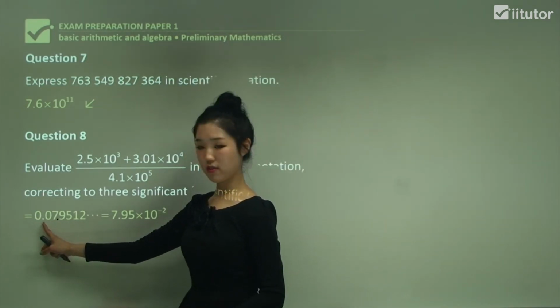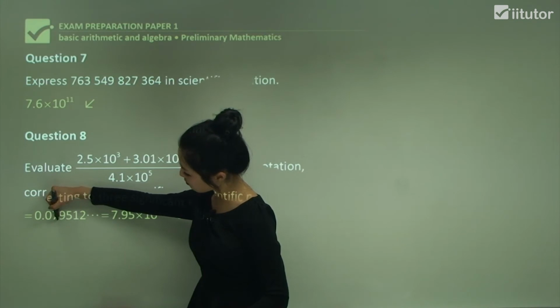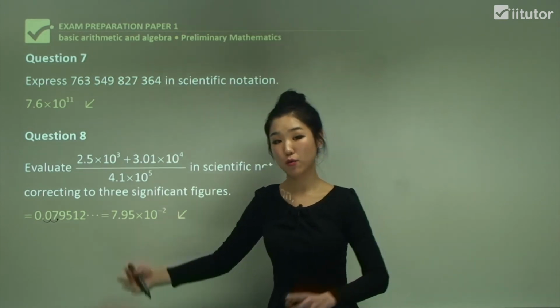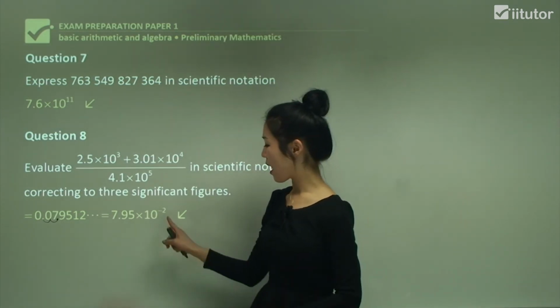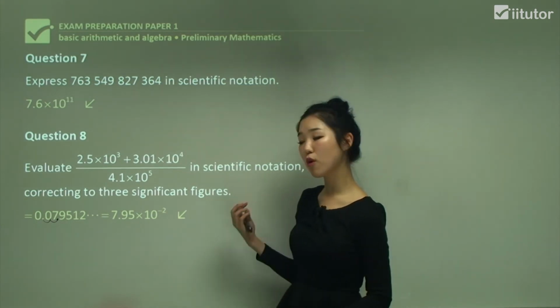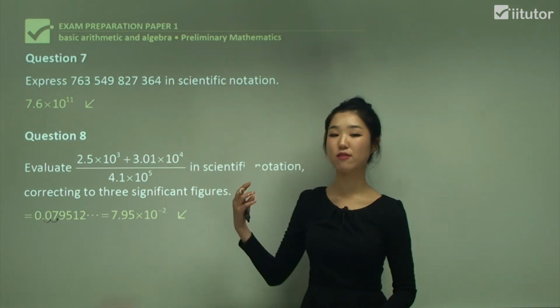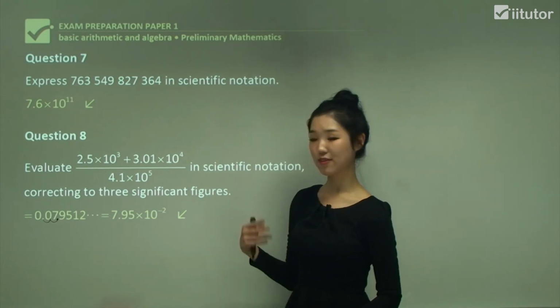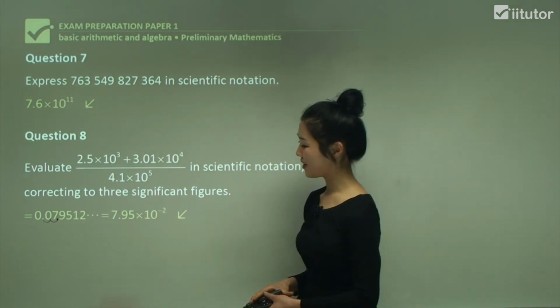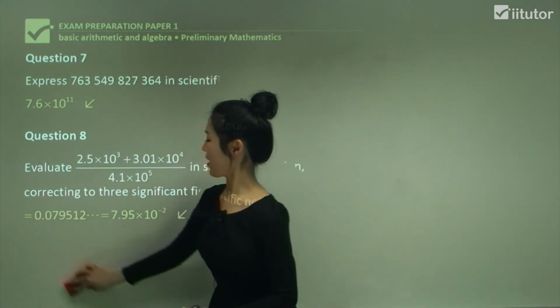The original spot is there, so this time I move backwards 2 places. Because I'm moving backwards, which means to the left, I have to stick the -2 on top. So it's not going to be 10 to the power of +2, it's going to be 10 to the power of -2. So that's your answer. And I've rounded it off to 3 significant figures. Okay, so have a look there.